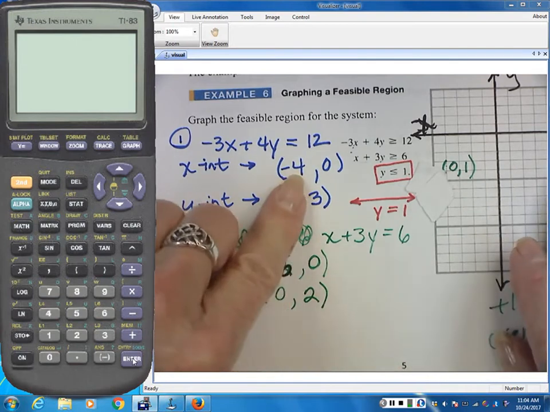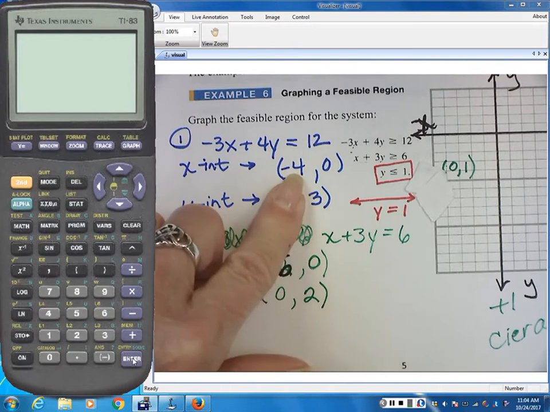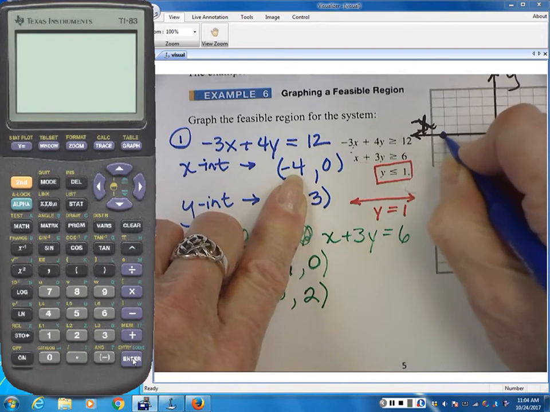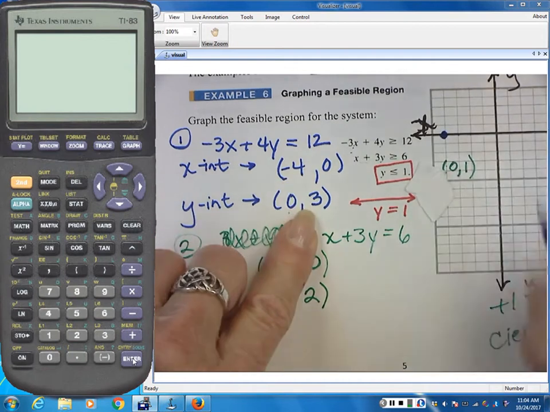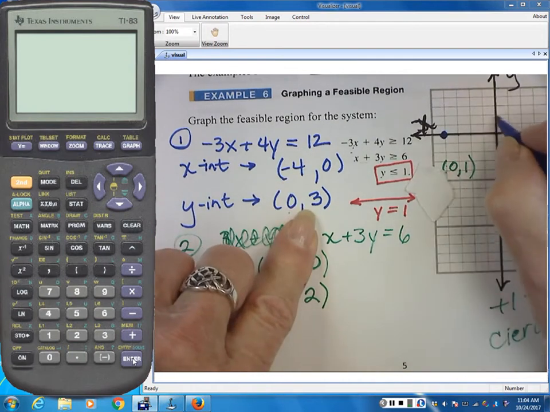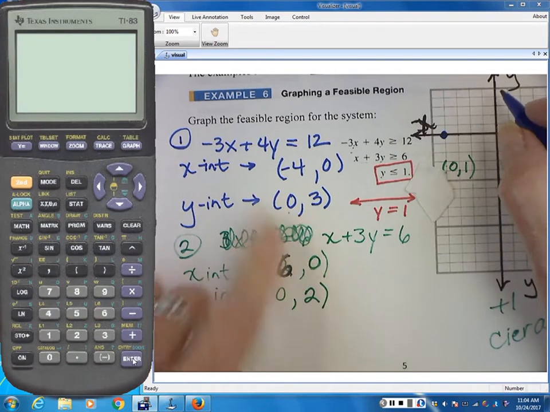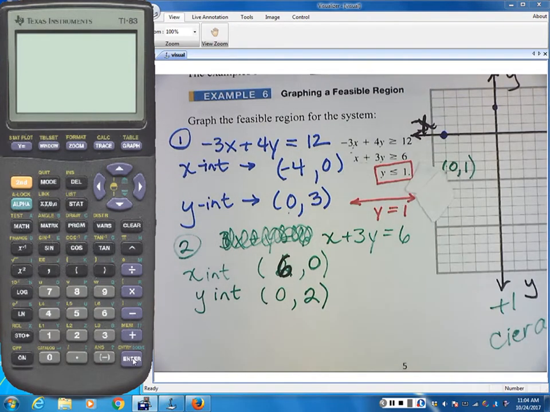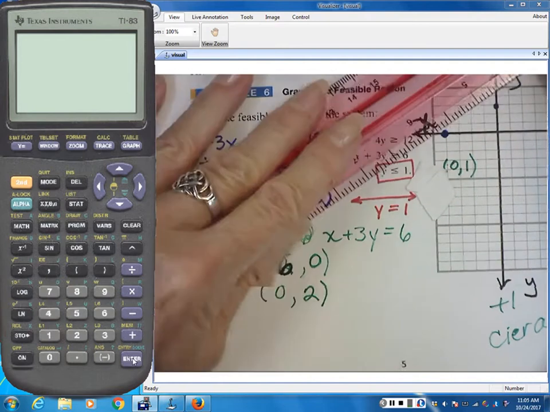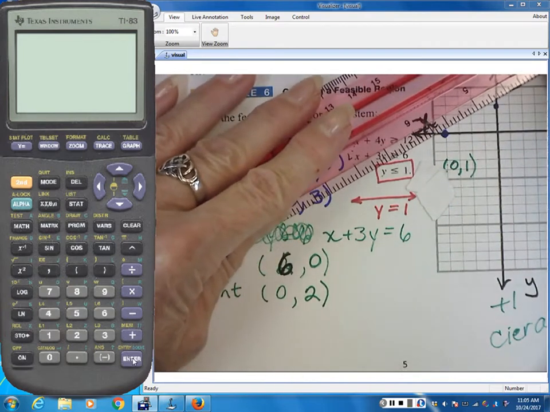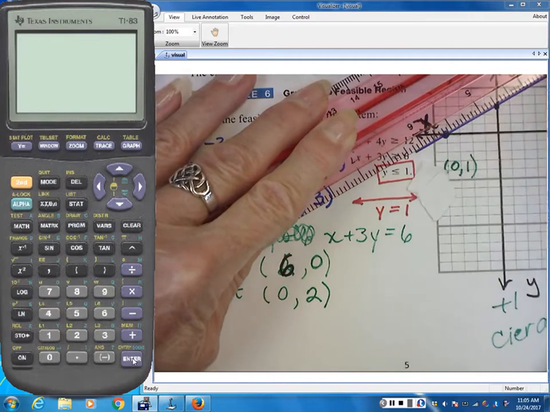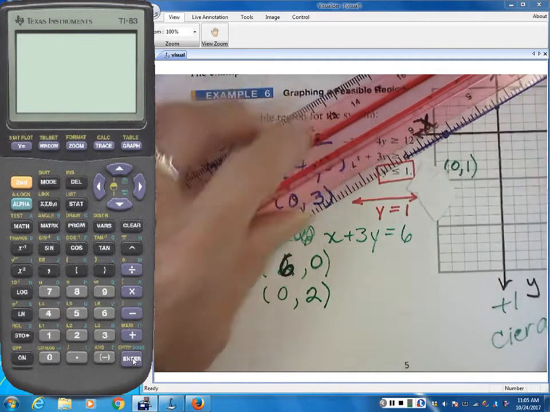So the point -4, 0: -1, -2, -3, -4, and 0, 3: 1, 2, 3. So there's my first boundary line.